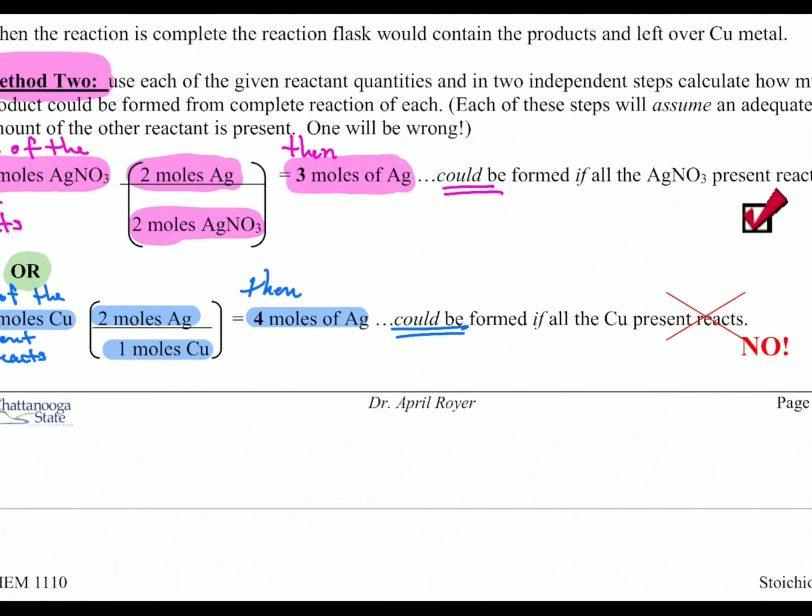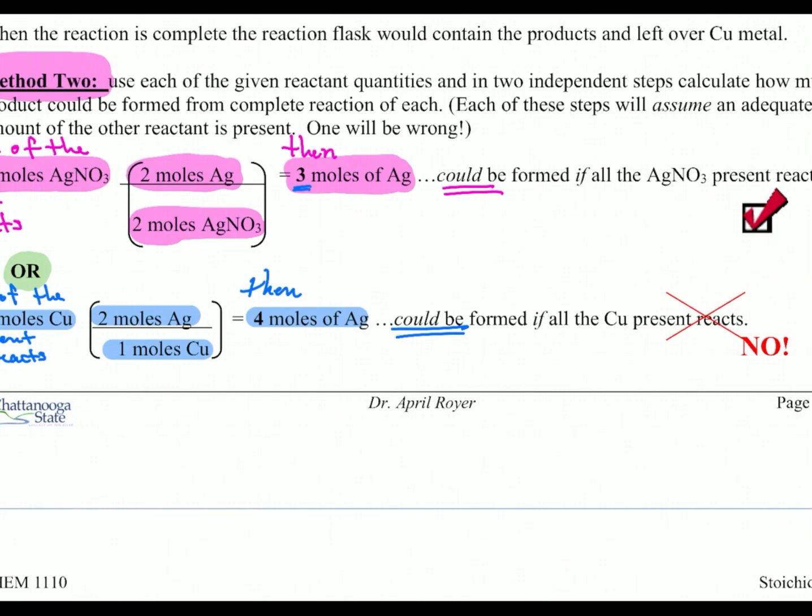And what you just told me was that there's enough silver nitrate to make 3 moles of silver using the balanced chemical equation as it's written. And there's enough copper that if you had enough silver nitrate, you can make 4 moles of silver. But if they're reacting together, do you understand that if there's only enough silver nitrate to make 3 moles of silver, you're never going to be able to make more?